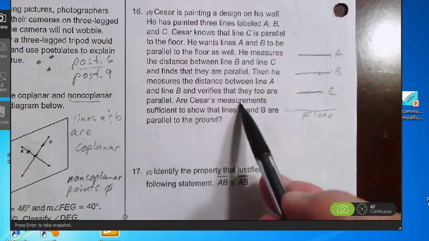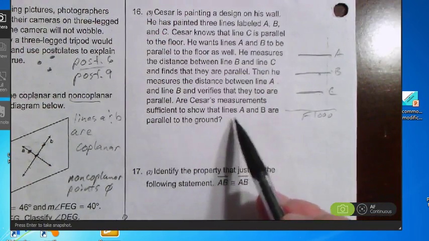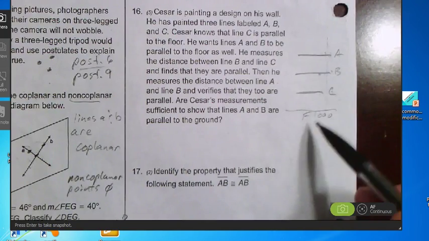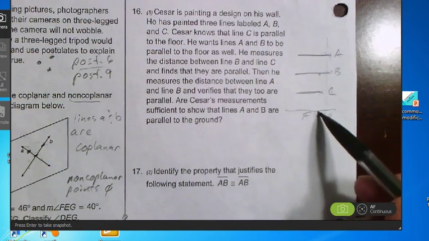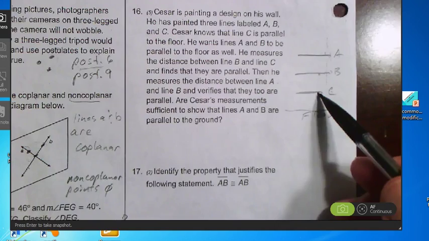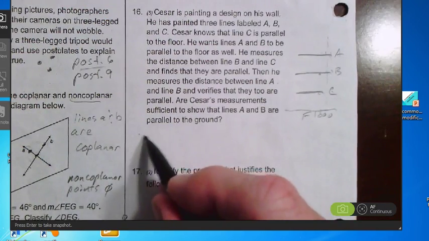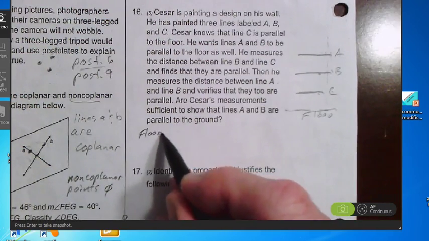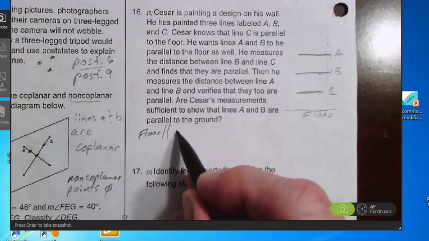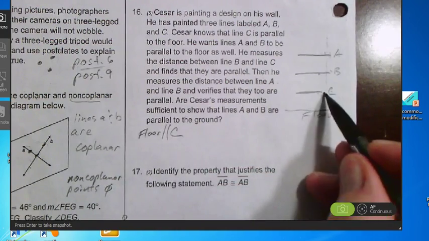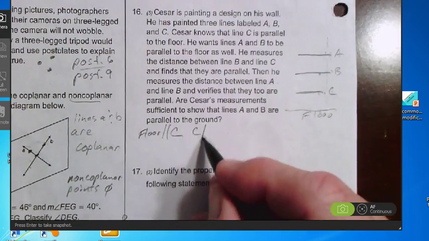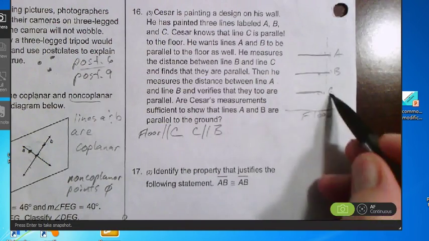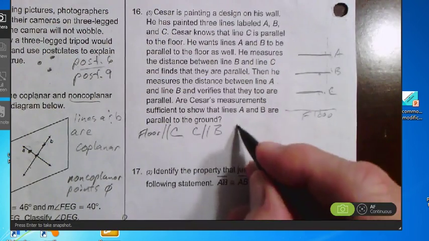So are Caesar's measurements sufficient to show that A and B are parallel to the floor, just like C is? Well, we know that the floor is parallel to C. We know that C is parallel to B, and B is parallel to A.